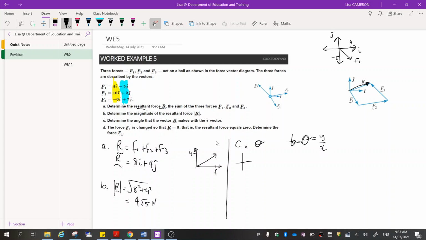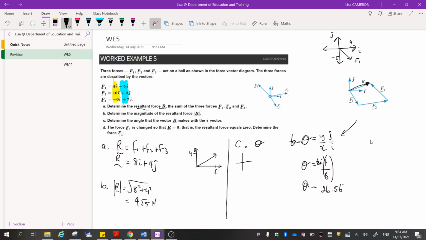Okay, now in this we've got the j axis over the I axis. So theta is going to equal 4 over 8, tan inverse, let's chuck that in the calculator, inverse tan of a half. So theta equals 26.56 degrees.